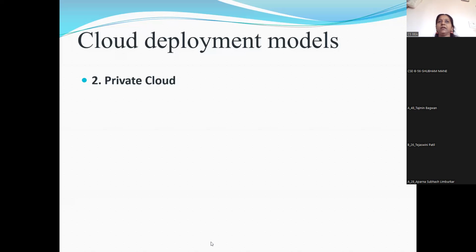They will be responsible for maintaining the data or maintaining the servers present in case of a private cloud. So the private cloud gives greater flexibility of control over the cloud resources.